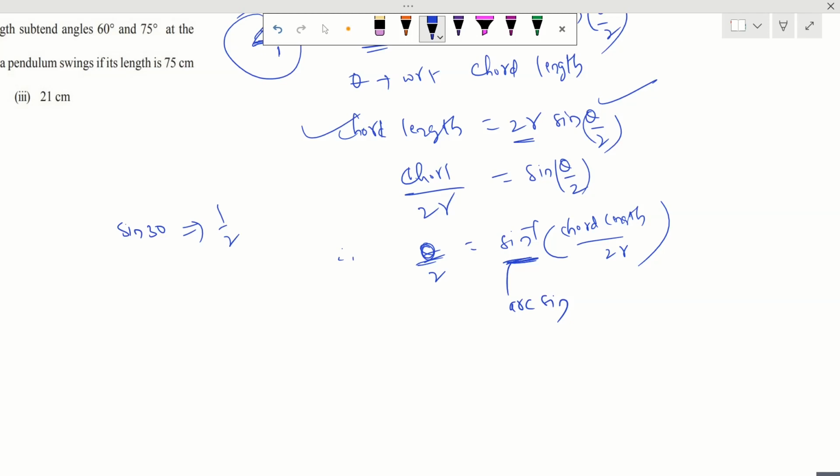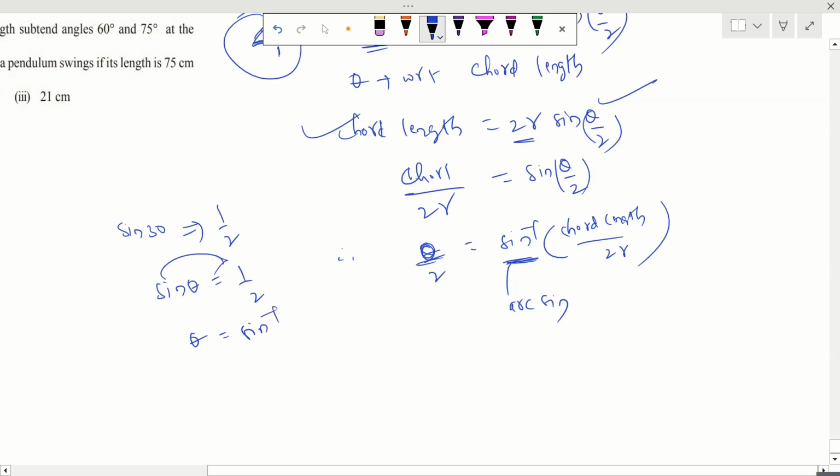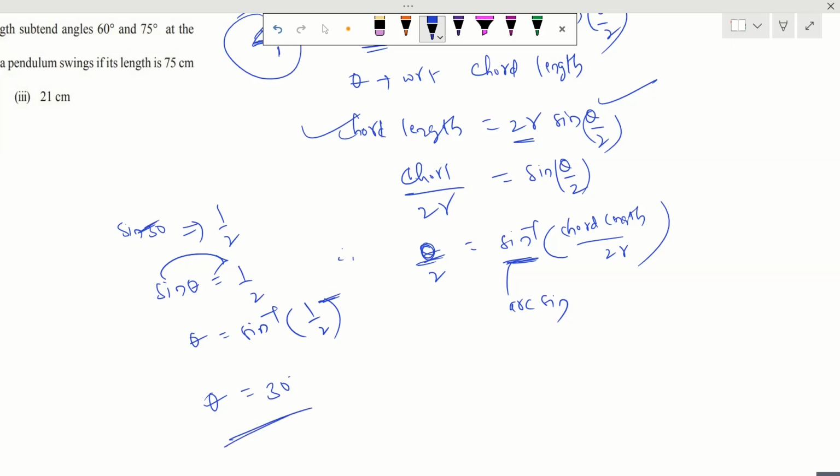If we put sine theta is equal to 1 by 2, then theta is equal to sine inverse of 1 by 2. So theta is where we can find the 1 by 2 value, sine 30. So here it is 30 degree. So this is the meaning of arc sine.